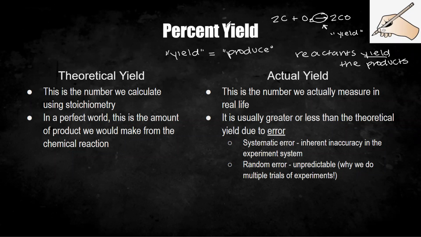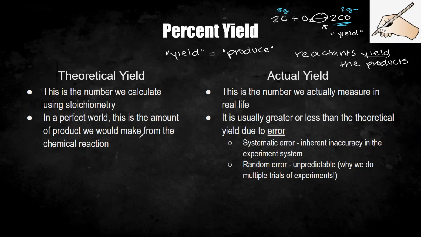We have our theoretical yield. Now, this is the number that we calculate using stoichiometry. So in our last video, we saw that our theoretical yield for producing carbon monoxide from 3 grams of pure carbon was about 7 grams. So this is in a perfect world.